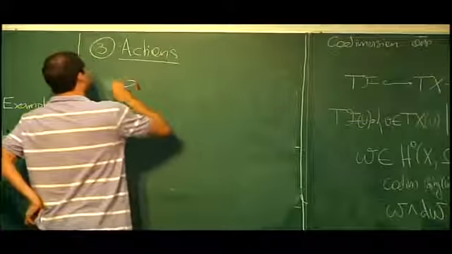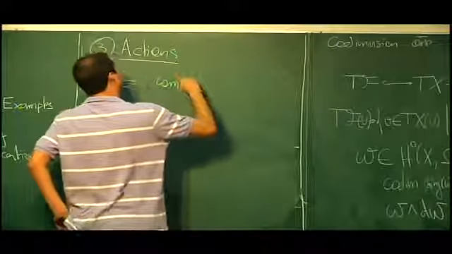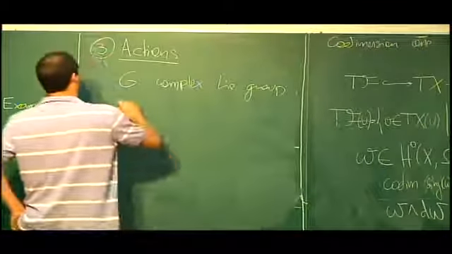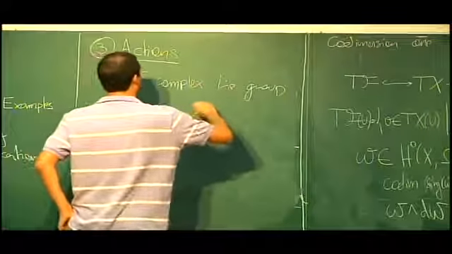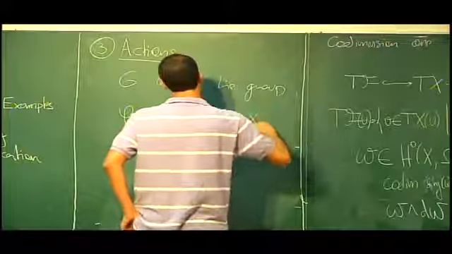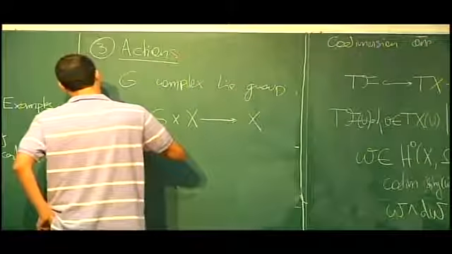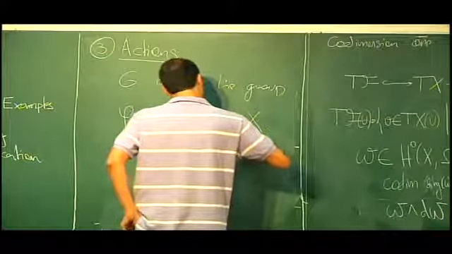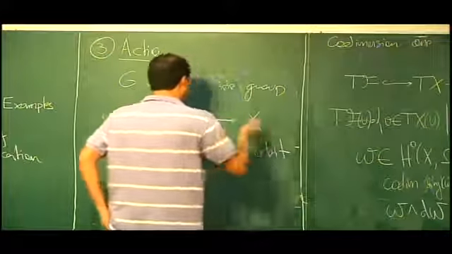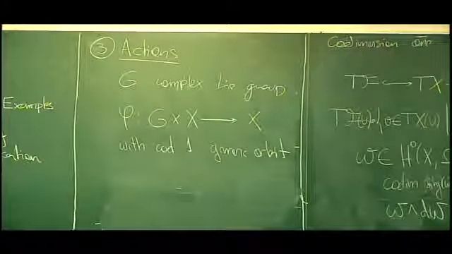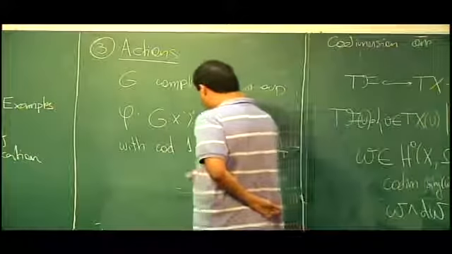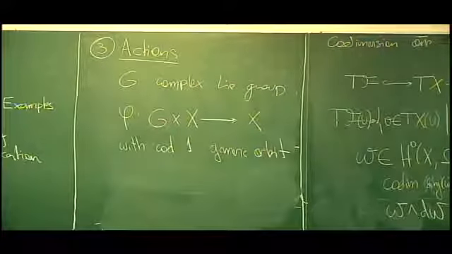So if I have G, a complex Lie group, and a holomorphic action of this complex Lie group on A with codimension 1 generic orbit, then we have a foliation defined by G, by the action phi of G. And here, I would just like to mention that a natural question is, are we getting something new?